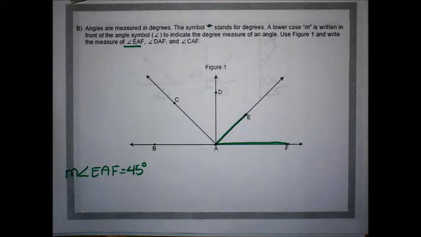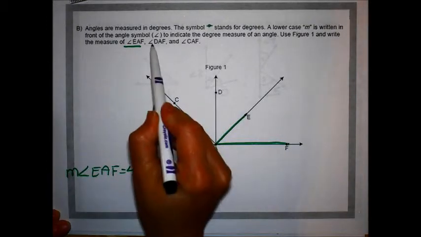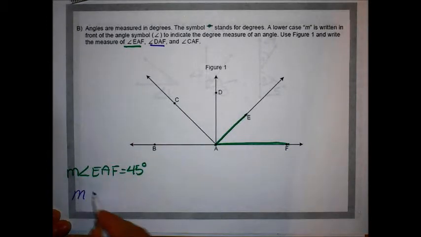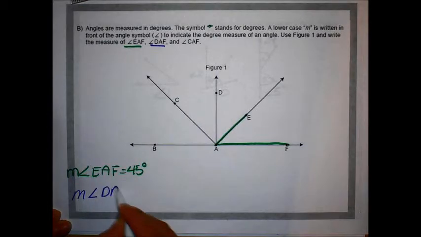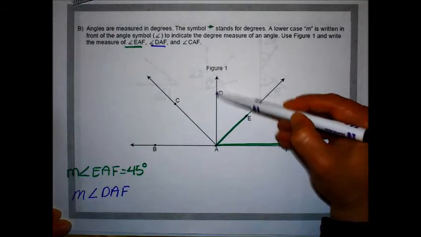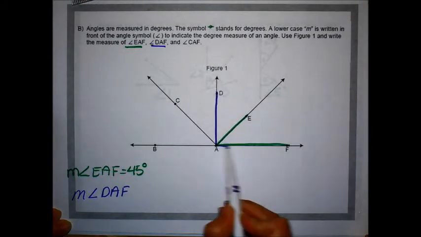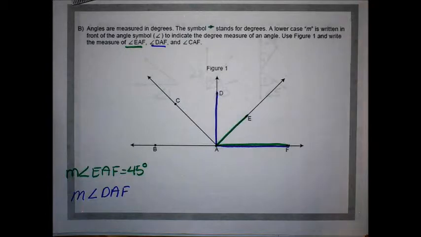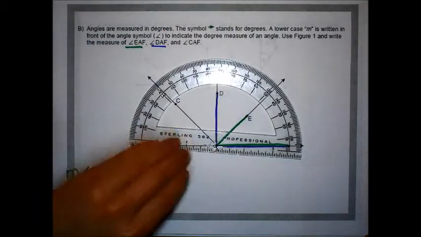Now let's try our next angle. I have angle DAF, so I want to find the measure of angle DAF. So to help us find it, I'm going to trace from D to A to F. Then I'm going to line up my protractor.